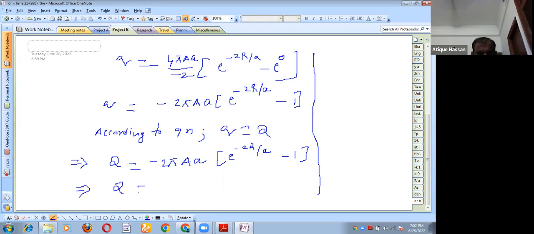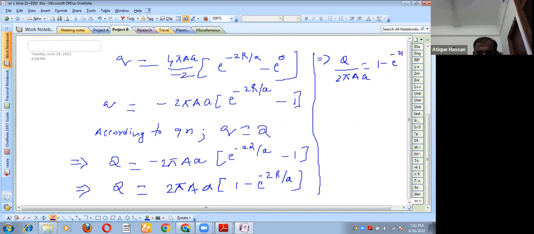This Q can also be written as 2 pi a small a into 1 minus e to the power minus 2r by a. Now this can be written as capital Q by 2 pi a into small a equal to 1 minus e to the power minus 2r by a.